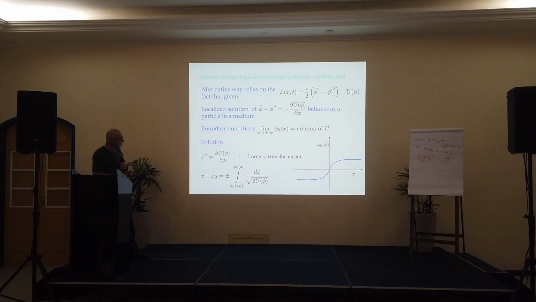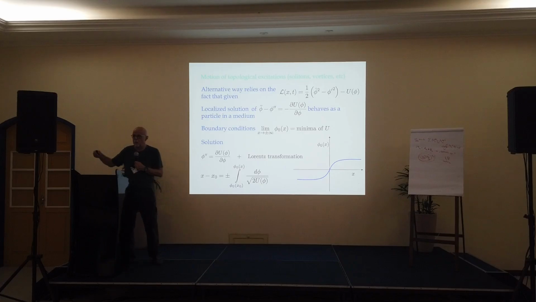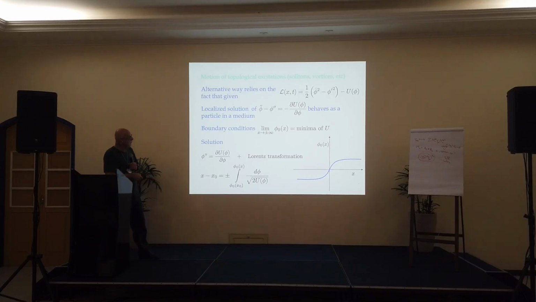And so what we have, we either have some sort of constant solutions in this configuration, or you have a sort of soliton interpolating between one minimum and the other minimum of this potential here.